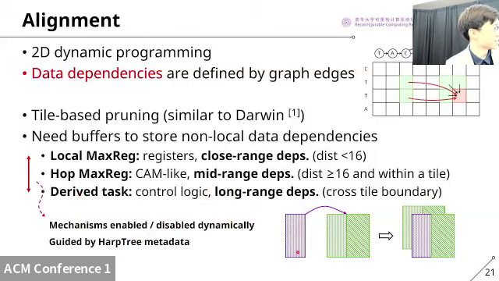For example, here's a tile, and here's a long hop from another tile to this one. We'll derive two separate tasks and then some gluing logic to combine them together. These mechanisms can be enabled or disabled dynamically, guided by the Harp tree metadata. So we can dynamically save some clock cycles and save some energy.